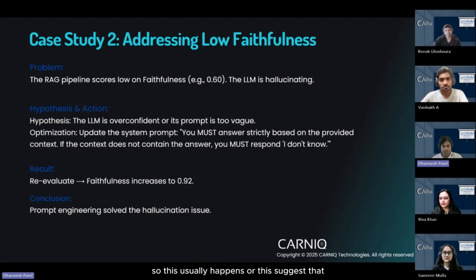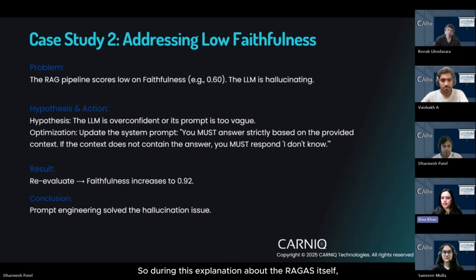This suggests that you need to fix your system prompt rather than your database, or you can change the model which is generating your response. You can use a different LLM and then see whether it improves or gives you the factually correct answer.